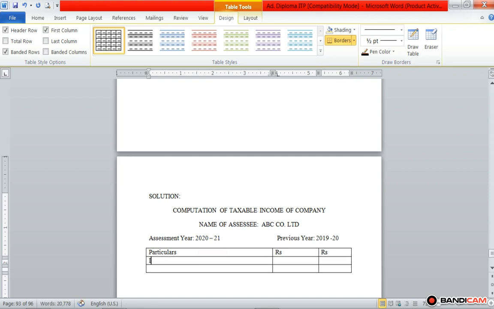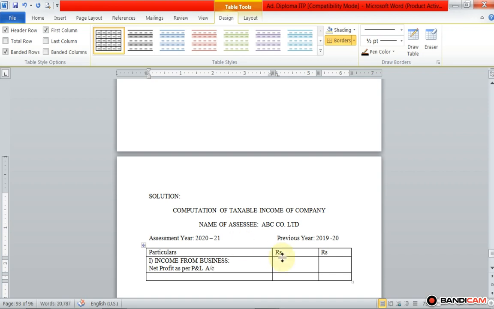Then the first point is income from business. Add net profit as per profit and loss account.